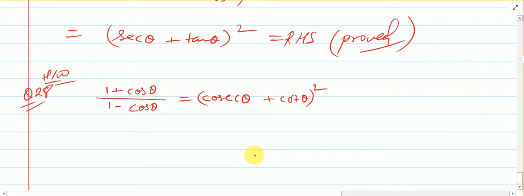Next is question number 29. Let us see question number 29.